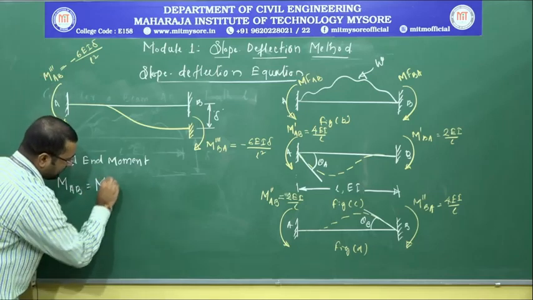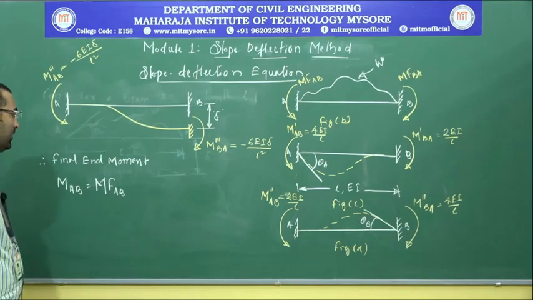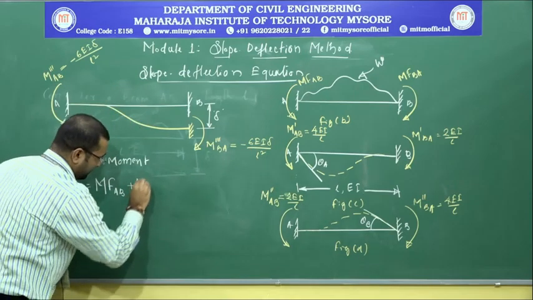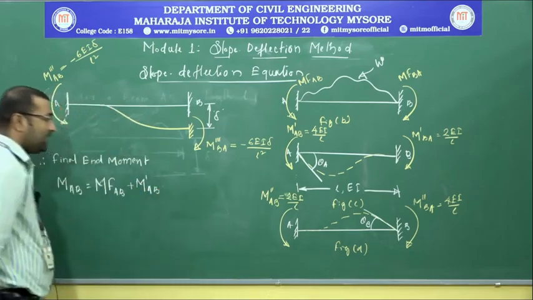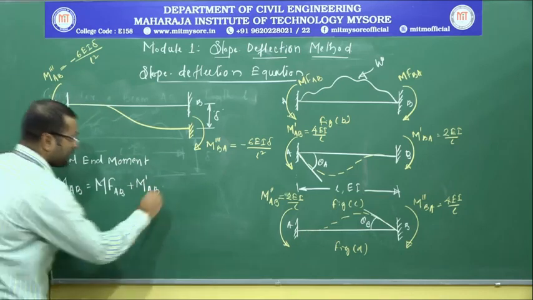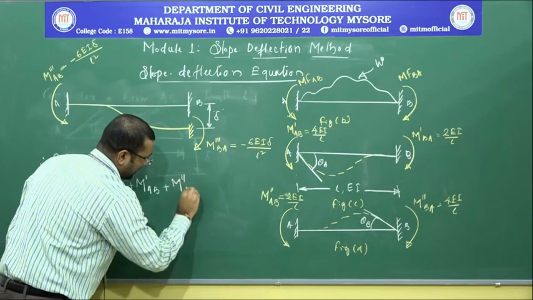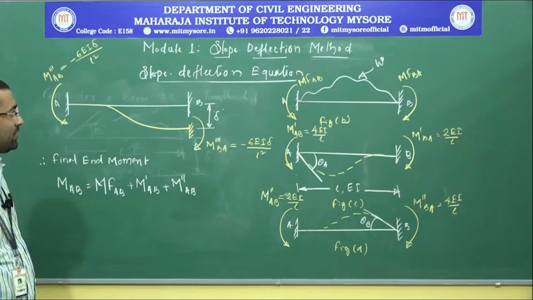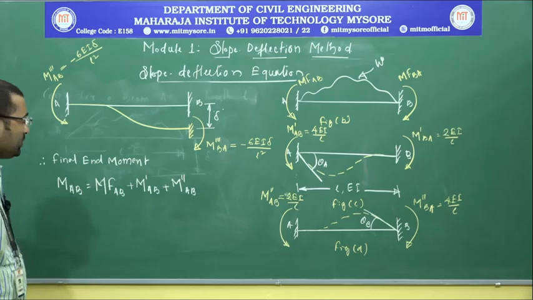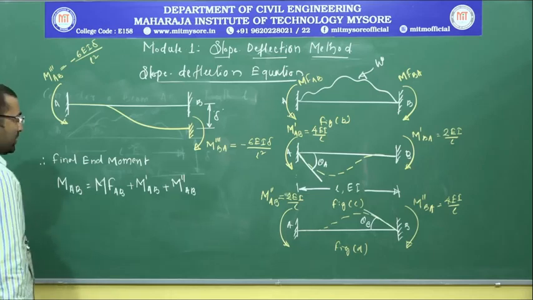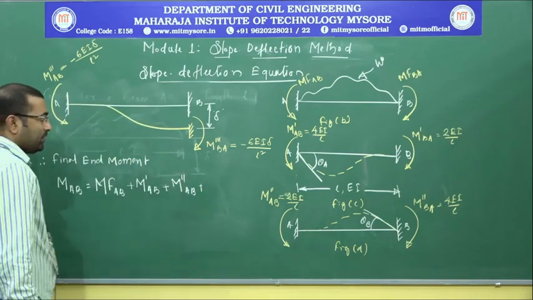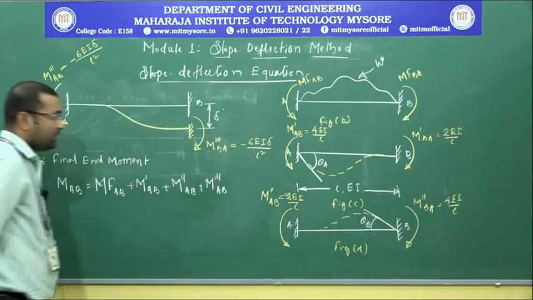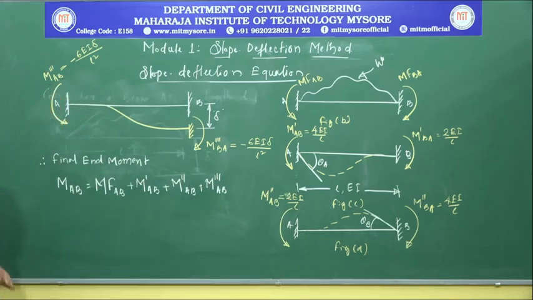So it is MFAB, that is fixed end moment at end A due to the external loadings, plus M dash AB, that is moment at end A due to the rotation at A, plus M double dash AB, that is the moment at A due to the rotation at B, plus M triple dash AB. Right.